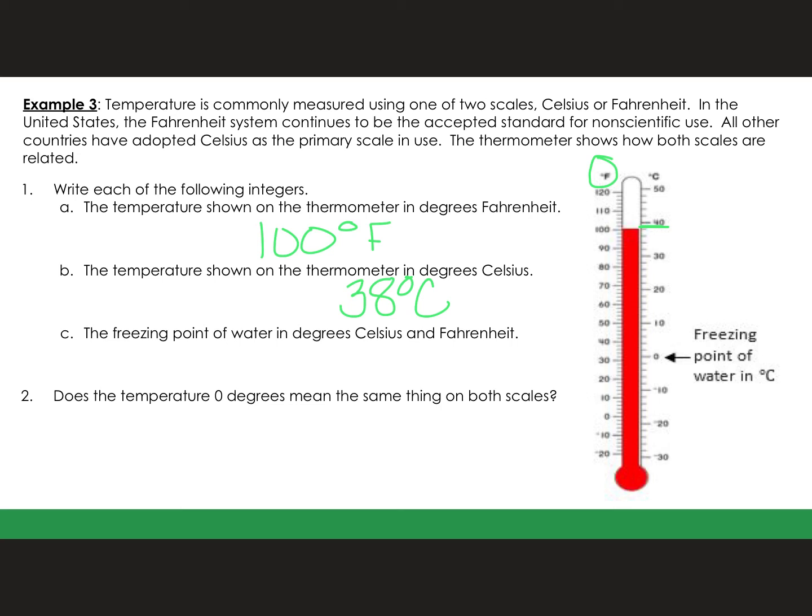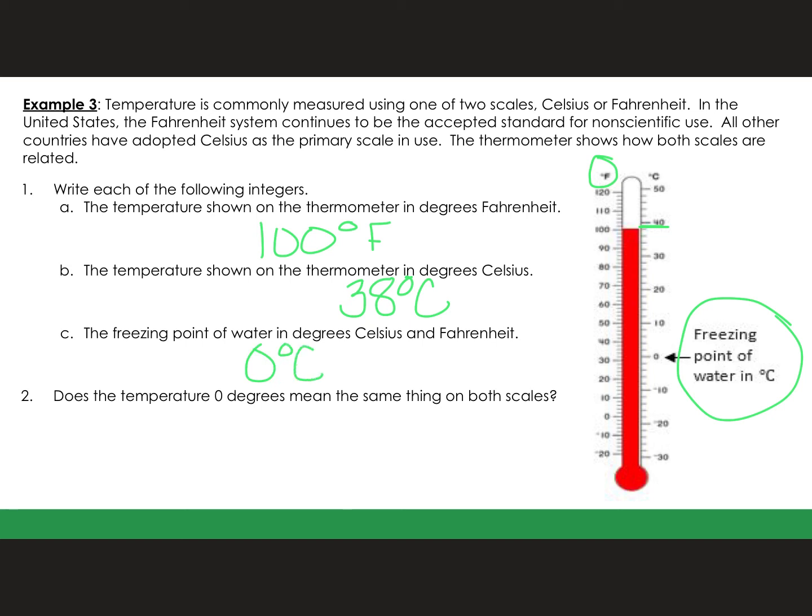The freezing point of water in degrees Celsius and Fahrenheit. So it says right here, the freezing point of water in degrees Celsius is 0 degrees Celsius.